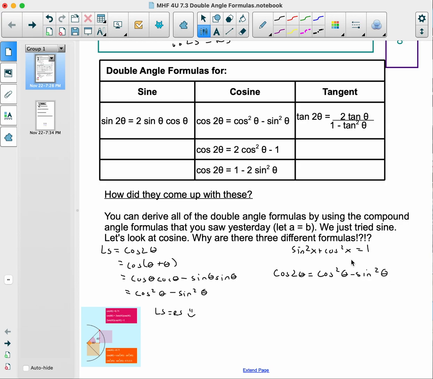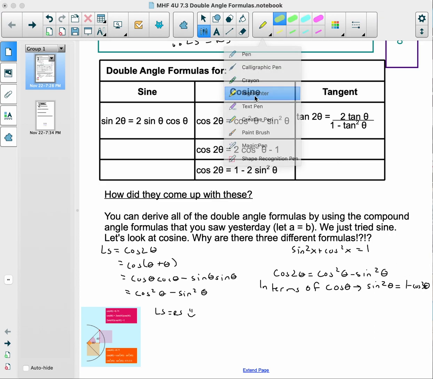If I needed that to be in terms of only cos or only sine, I can isolate what I need to get rid of in this equation here. So I could say, okay, I need something in terms of cos theta, say I only know the cos of theta. I can go sine squared theta equals 1 minus cos squared theta. There we go. Okay, and then I can sub that in.